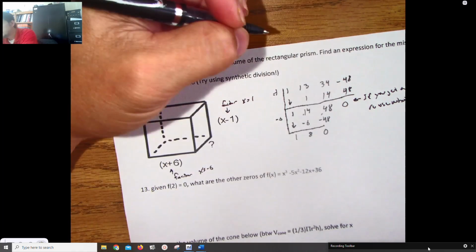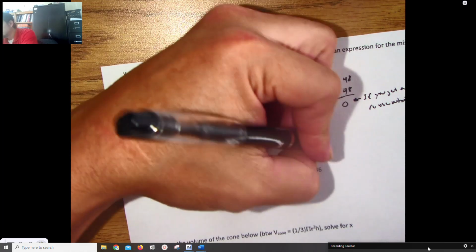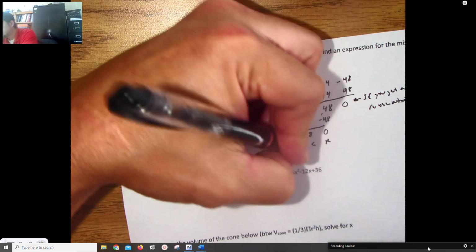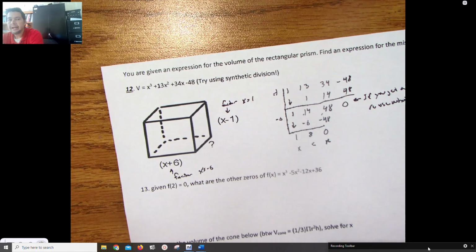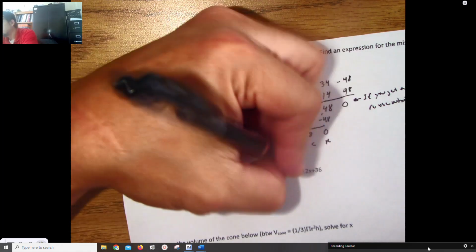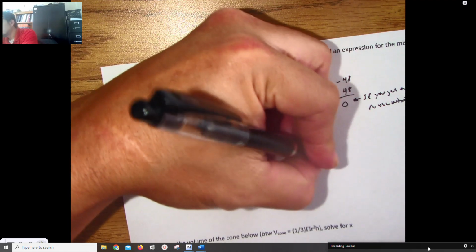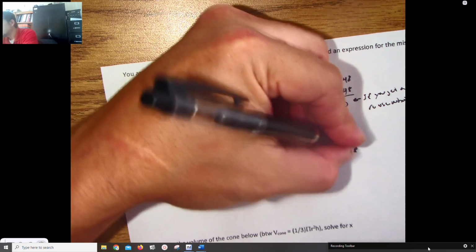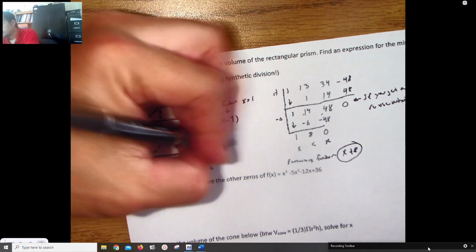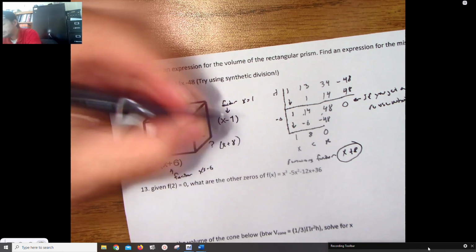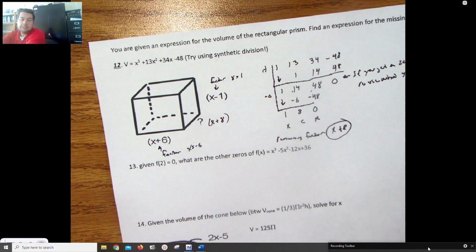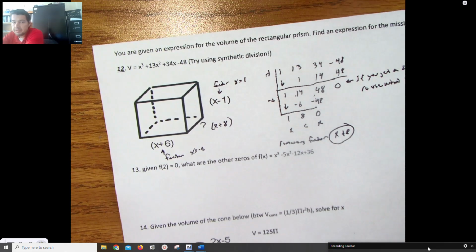And there's my 0. So this is my remainder. This is my constant. This is my x. After successfully dividing out two factors, I have a remaining factor of x plus 8. And that, boys and girls, is what goes there. That's the missing piece.